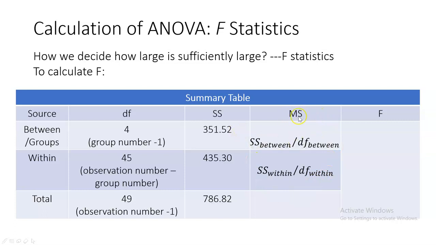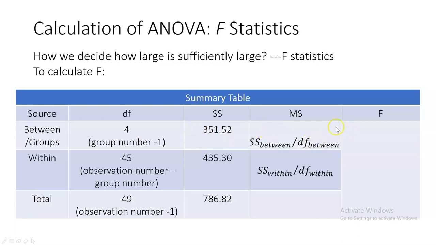So here I'm going to talk about what MS means. MS stands for mean of squares. I guess you may figure out that it is something related to average, to mean. Exactly. So we're gonna take the average value of the sum of squares.